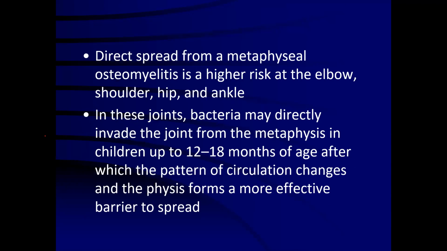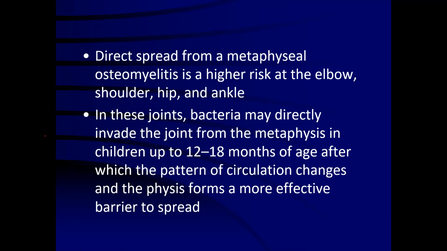Direct spread from a metaphyseal osteomyelitis is a higher risk at the elbow, shoulder, hip, and ankle. In these joints, bacteria may directly invade the joint from the metaphysis in children up to 12 to 18 months.